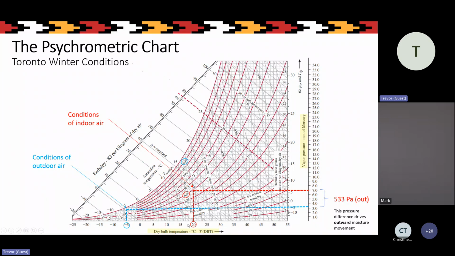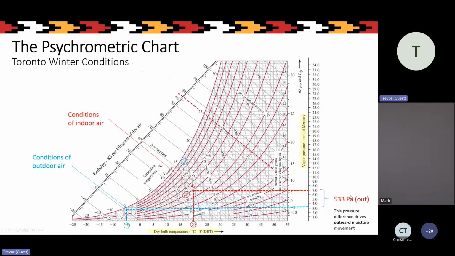If we take typical indoor air, let's say 20-degree air indoors in the winter, and say it's 40% relative humidity, which is a little bit high, but still realistic. I've seen it more than once. If we take that condition and go across, we have something more like a vapor pressure of 7 millimeters of mercury.